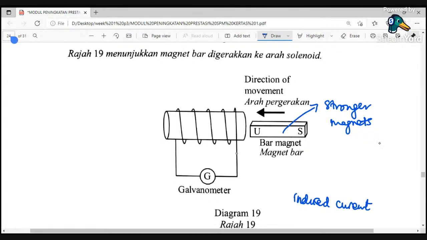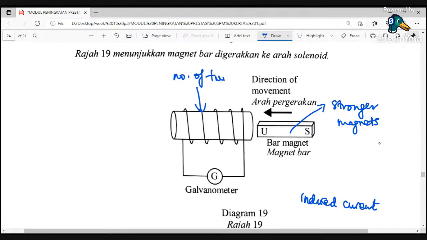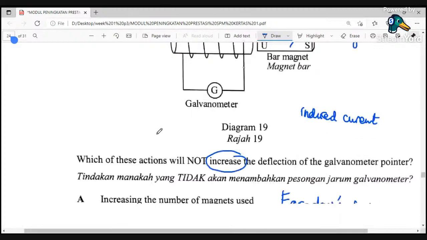So induced EMF increase. Okay. Lagi satu factor ialah the number of turns of the solenoid. Lagi banyak turns, lagi banyak flux akan dipotong. Okay, increase number of turns of solenoid. Okay, use stronger magnet. Yang lain itu dua yang basic.